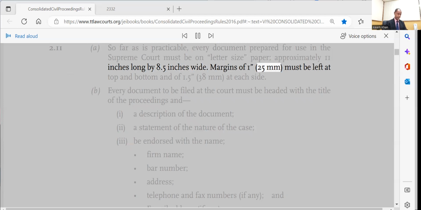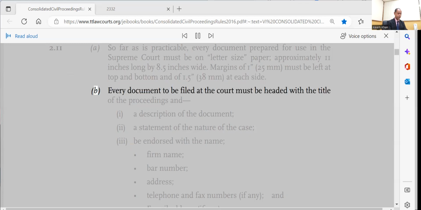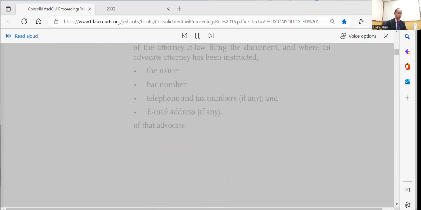Margins of 1 inch, 25 millimeters, must be left at top and bottom and of 1.5 inches, 38 millimeters, at each side. (b) Every document to be filed at the court must be headed with the title of the proceedings and (1) a description of the document, (2) a statement of the nature of the case, (3) be endorsed with the name, firm name, bar number, address, telephone and fax numbers, if any, and email address, if any, of the attorney-at-law filing the document, and where an advocate attorney has been instructed, the name, bar number, telephone and fax numbers, if any, and email address, if any, of that advocate.